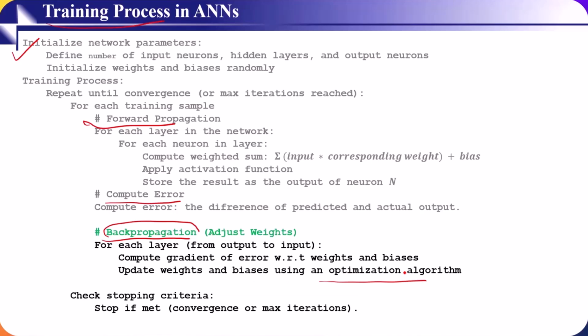So we use gradient descent, Adam, RMSprop, or stochastic gradient descent in order to update our weights. Then we repeat this process until we come to some stopping criteria: when the error is minimized below a certain threshold, when the loss function stabilizes, which means convergence, or when the maximum number of iterations or epochs is reached.